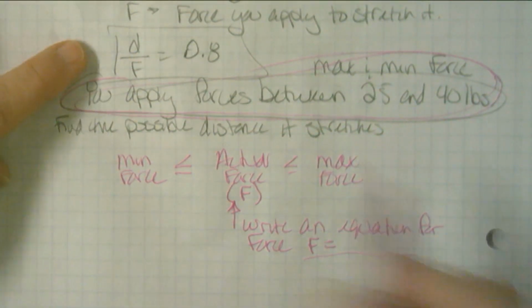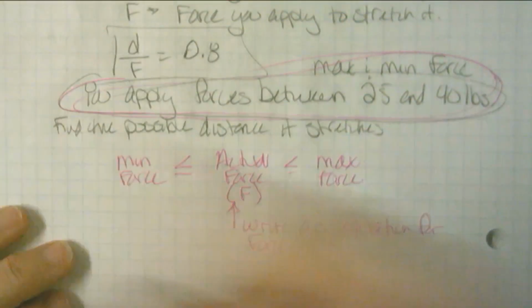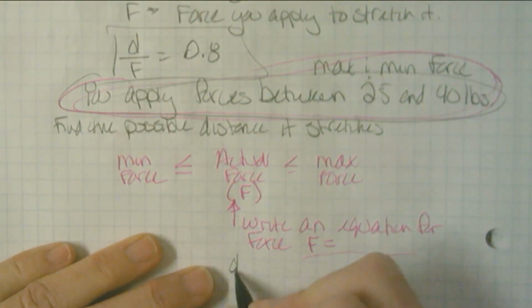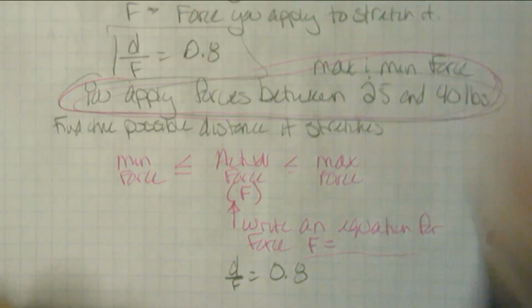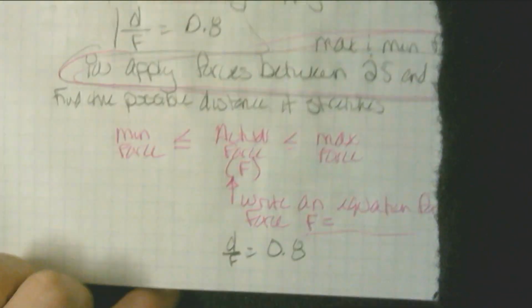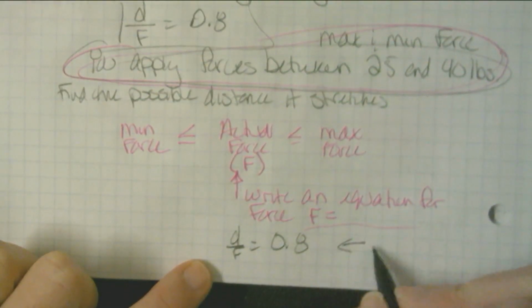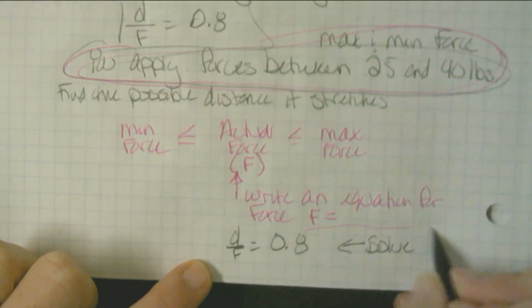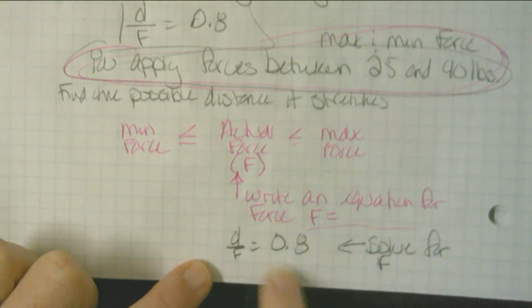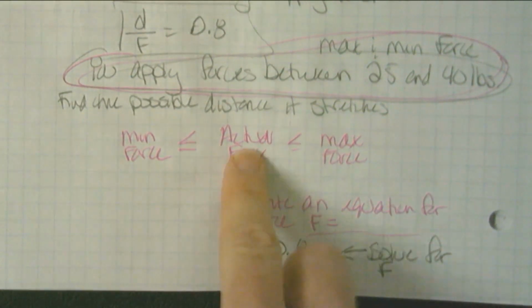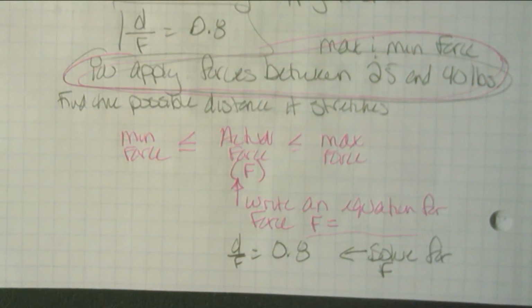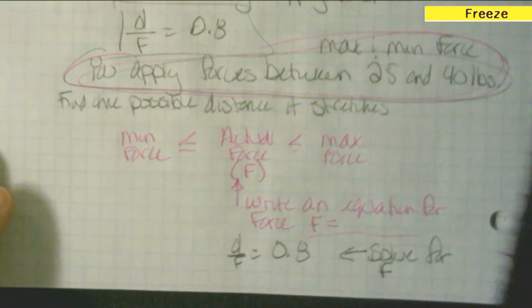All right. Well, they've given us d over F is equal to 0.8. I need to solve this formula for F. I cannot put that into here because this is not solved for F. All right, so I've run out of room.